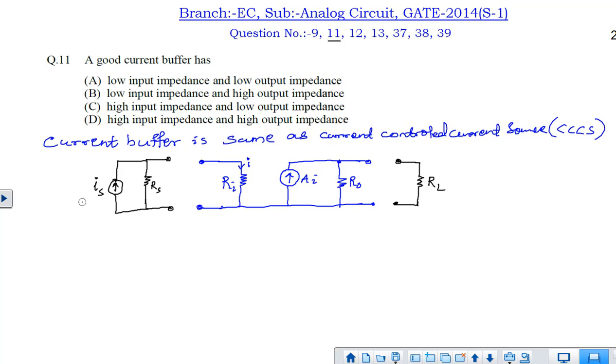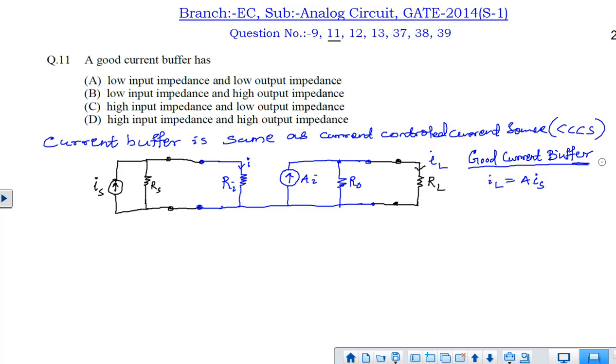If we connect a current source and a load, we will try to find the output current in terms of the input current. Any practical current source will have an internal resistance Rs.